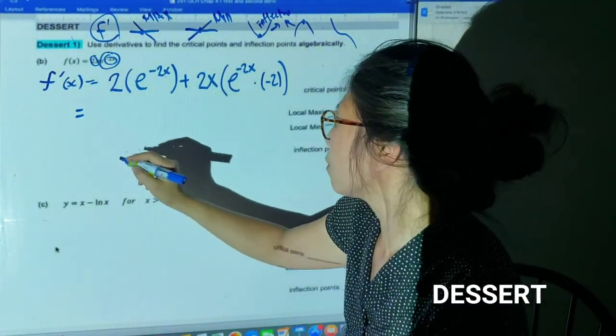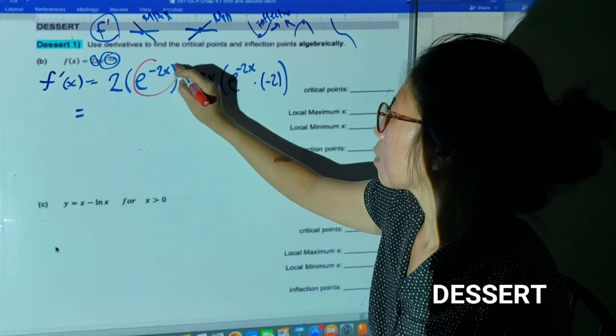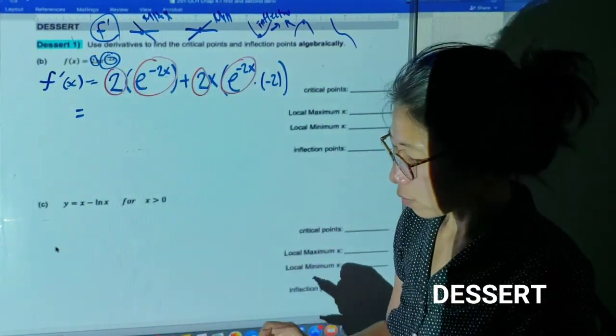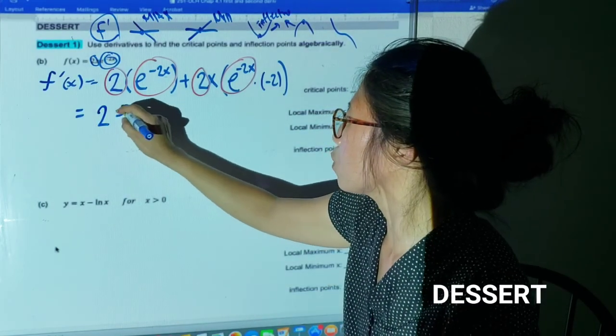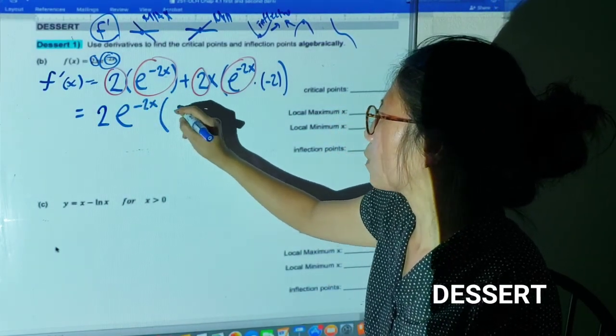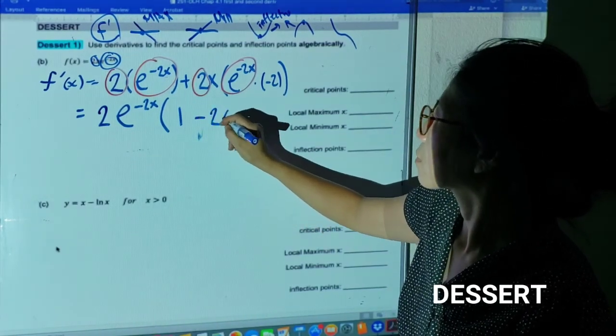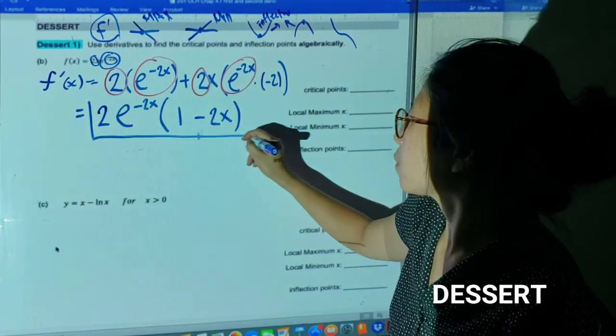So after that, careful, we need to combine the like terms. So I'm gonna pull all the factors out. 2e to the negative 2x, that will be 1 plus negative 2 actually. Okay, so that's my first derivative.